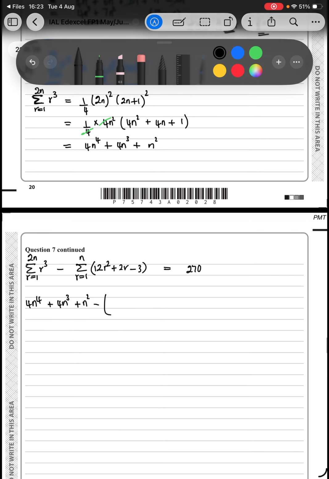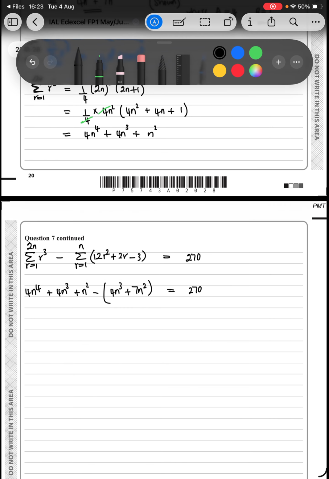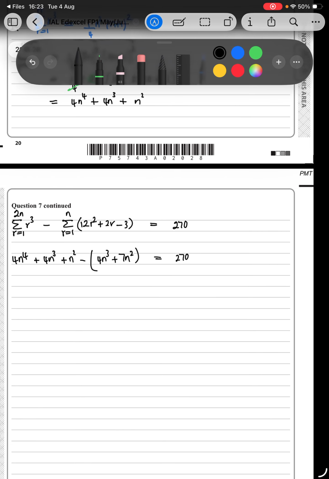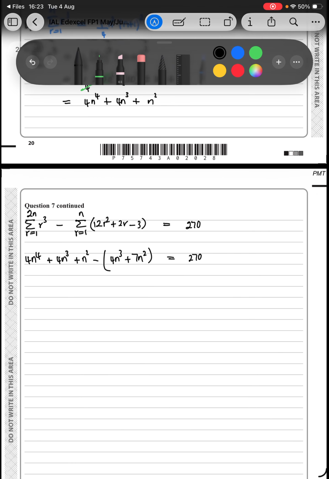Now let's remove the brackets: 4n to the power 4 plus 4n cubed plus n squared minus 4n cubed minus 7n squared, and we can bring the 270 to the other side, so it will be minus 270 equals 0.